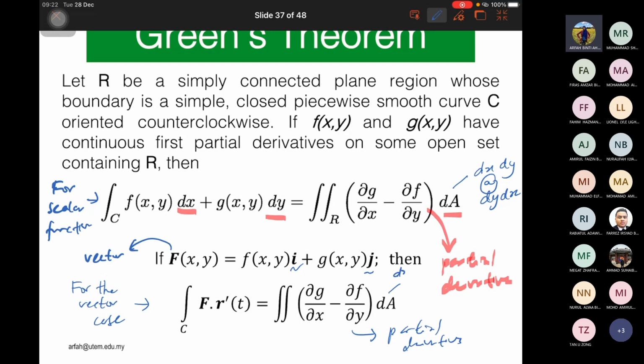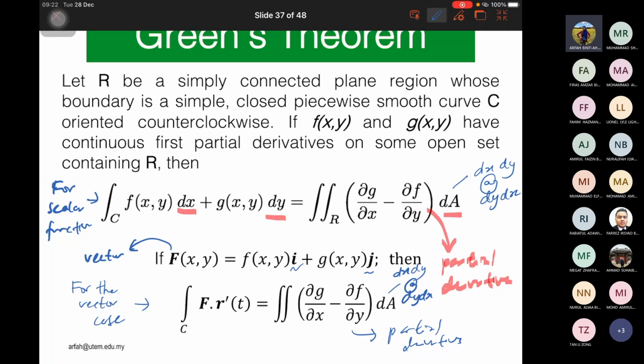Okay, this one can be dx dy or dy dx, the same as before. Okay. So sama, dia jadi lagi simple. Awak just ambil partial derivative and then dapatkan dia punya double integral terhadap region dia and then terus dapatkan dia punya integration. Okay. So tu je.